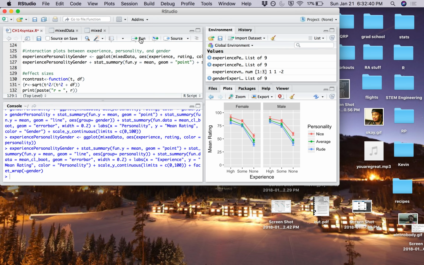So nice was always the highest mean score, as we can see, and then followed by the average level, and then rude, by the different colors. And the same thing can be said about experience level. They all followed that same shape.